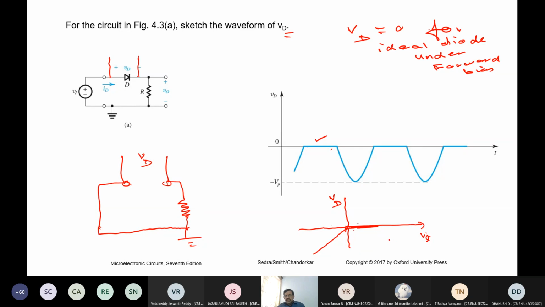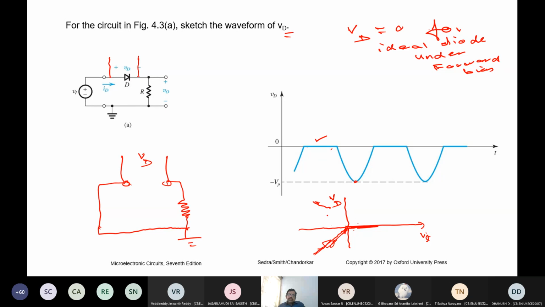So you have to understand this very carefully to clearly understand how this is going to happen, because you see the output across the diode, the input and output. Sorry, it will not be here, probably it will be here like this.